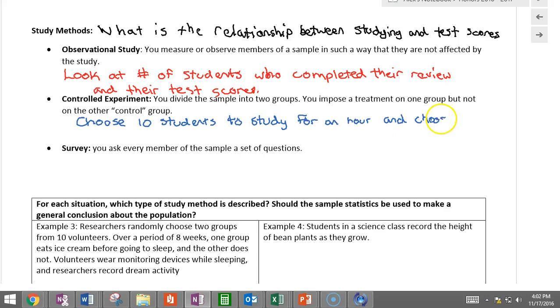And 10 students do not study. Right? So I have 10 students who I'm going to study. You have to study for 1 hour. And 10 students, you are not allowed to study at all. Then record their test scores.